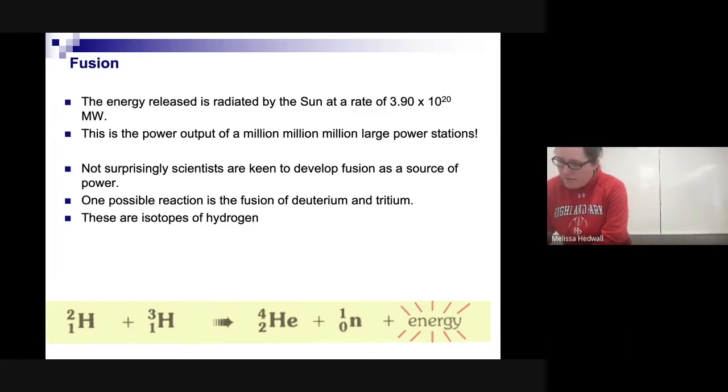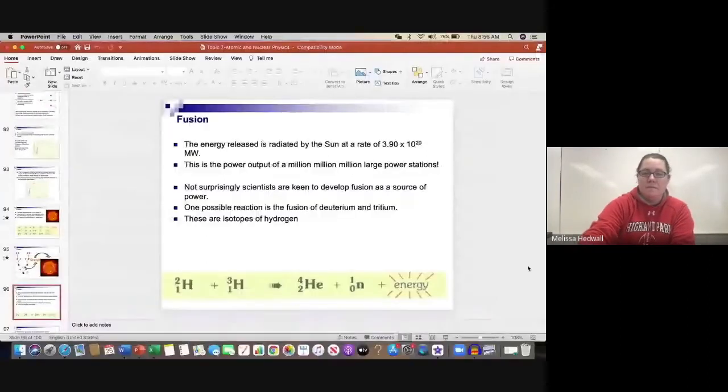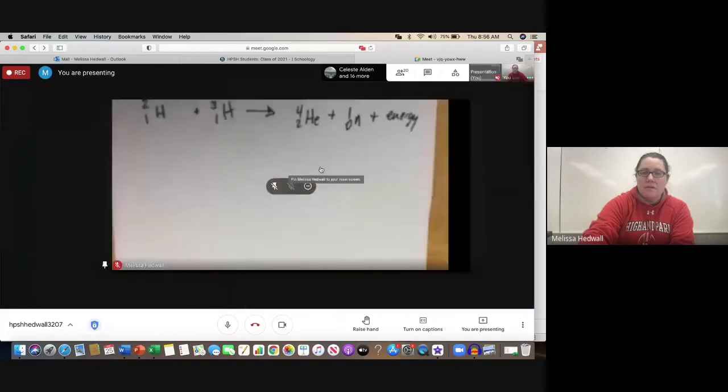So we have hydrogen 2 and hydrogen 3, and we're going to helium 4, so a stable helium with a neutron released and energy. So I'm going to go back to this screen, and click on this. There we go.